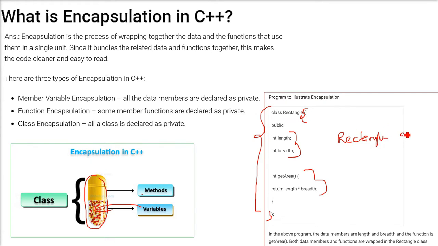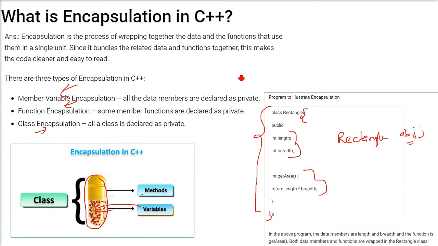So when you make an object of this rectangle, obj object, because this class is just a blueprint, and you have to create an object to actually access and work on these data members or variables and functions, which we are calling as methods. So there are 3 types of encapsulation: member variable encapsulation, function encapsulation, and class encapsulation.